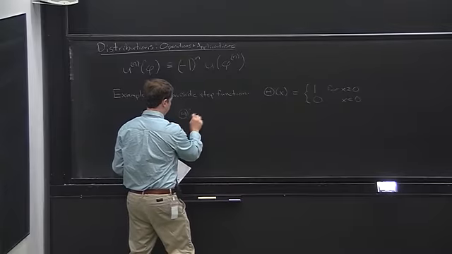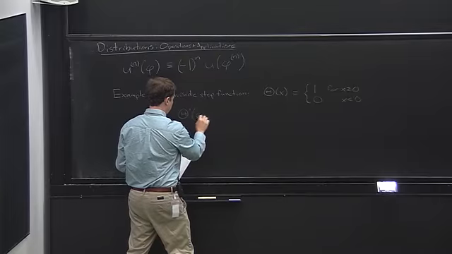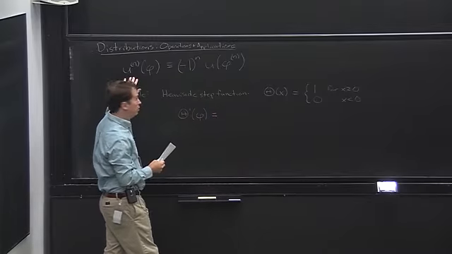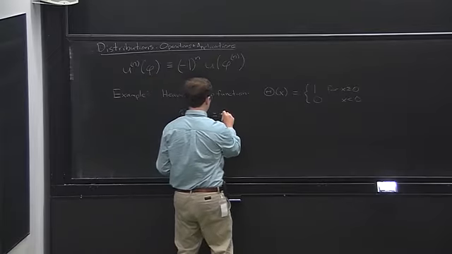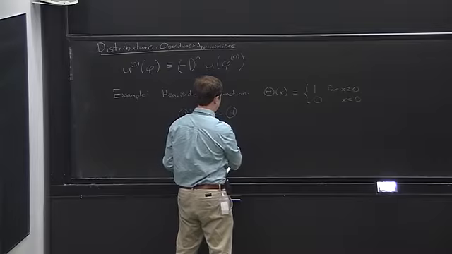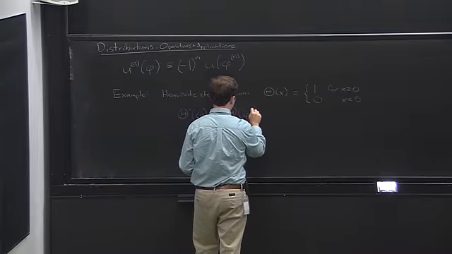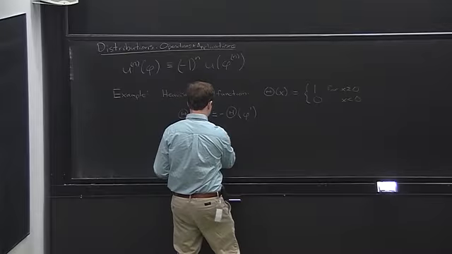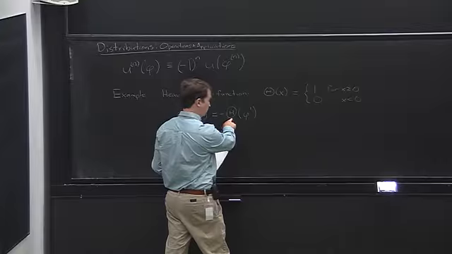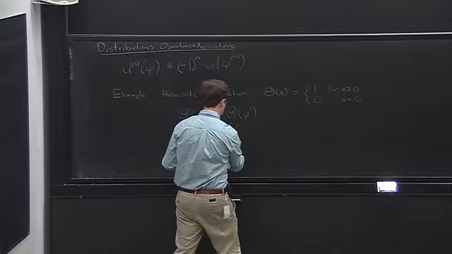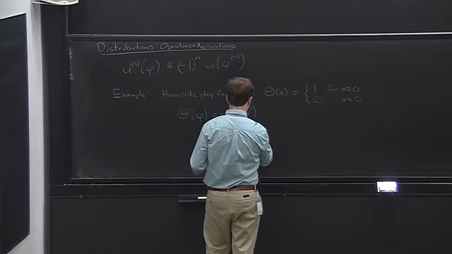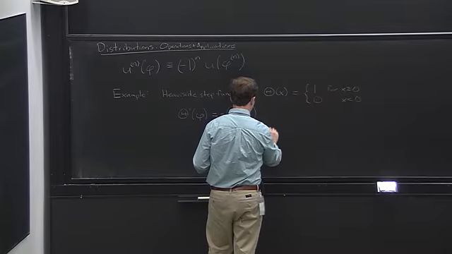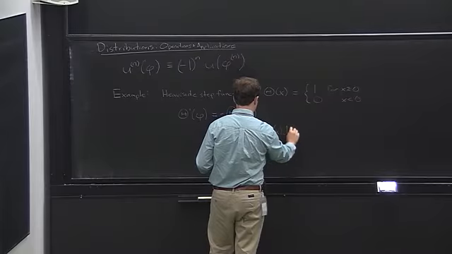So if we want to compute the derivative of the Heaviside distribution acting on a test function using this formula for the distributional derivative, we just get minus the Heaviside distribution acting on the derivative of the test function, which, since this is a distribution induced by this function, is just the integral of theta of x and phi prime of x.